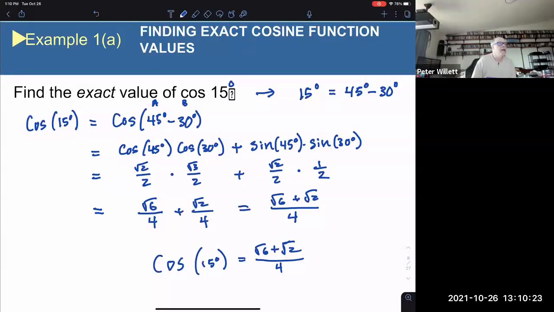So in the chat, it says, how would you use this method or methods to say using the calculator results? Not sure. How would you differentiate this from a normal question of what is the exact value of 15 degrees? I'm not sure what you mean there, Henry. The question here is, what is the exact value of cosine of 15 degrees? So what do you mean a normal question?